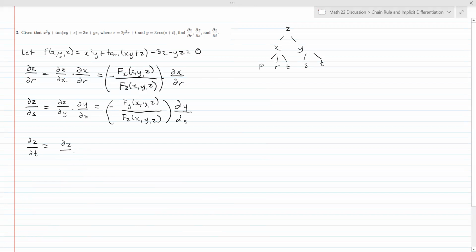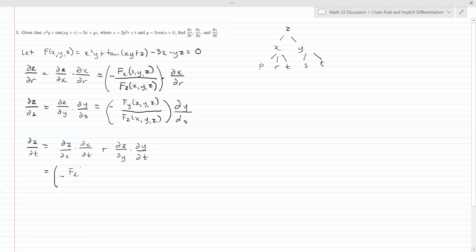And then y pwede in terms of s and t. So yung partial ng z with respect to t, magkakaroon ng dalawang addend. Kasi through x and through y. Okay? And then, apply lang natin yung sa implicit differentiation.